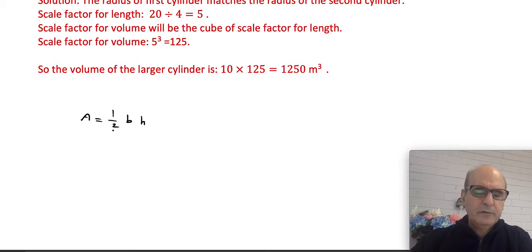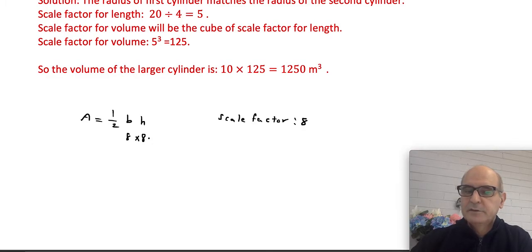Then when you're comparing two triangles, let's say the scale factor is 8. Then that means for the larger triangle, the base is 8 times larger, and also the height is 8 times larger. So we're talking about two eights here multiplied together.